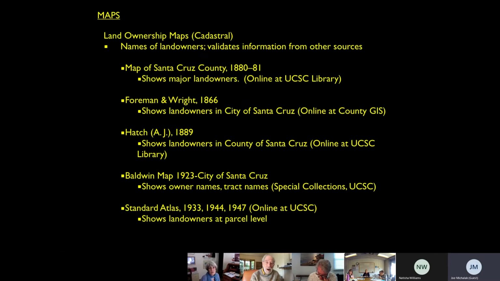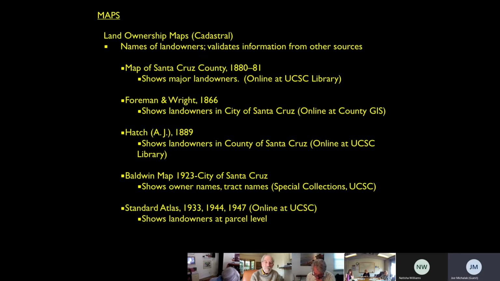The key one on this list is the Foreman and Wright from 1866. That's when the City of Santa Cruz was established. It shows landowners within the parameters of the city property at the time. There's also the 1889 Hatch map, and we'll talk about that a little later. That shows landowners in the City of Santa Cruz.